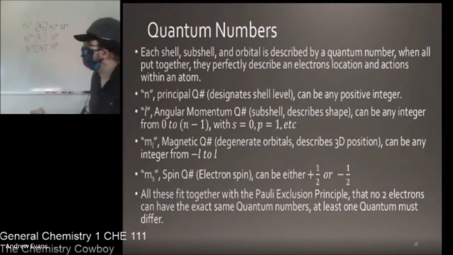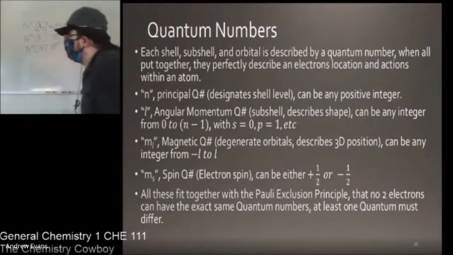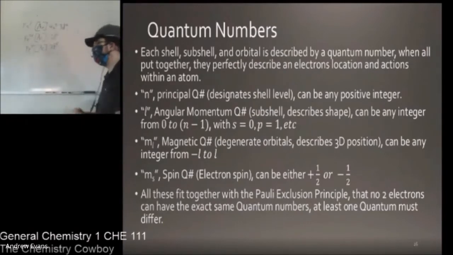In terms of principal energy level, the shape, which is the angular momentum, the degeneracy, which orbital of that shape do you have, which is the magnetic, and the spin, which is up or down. And the Pauli exclusion principle essentially states that no two electrons can have the exact same designation.